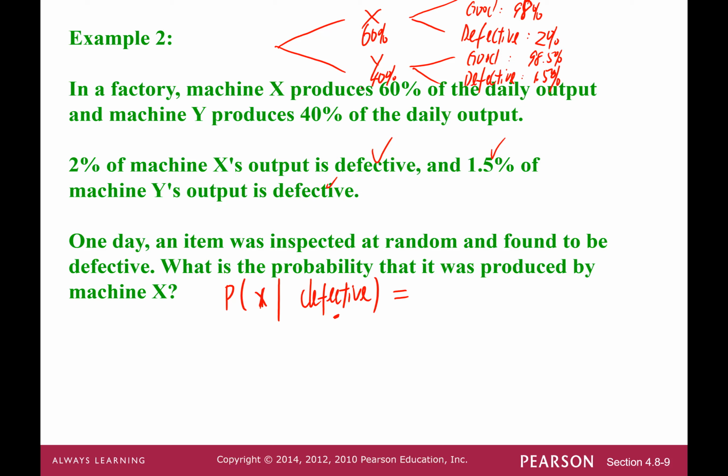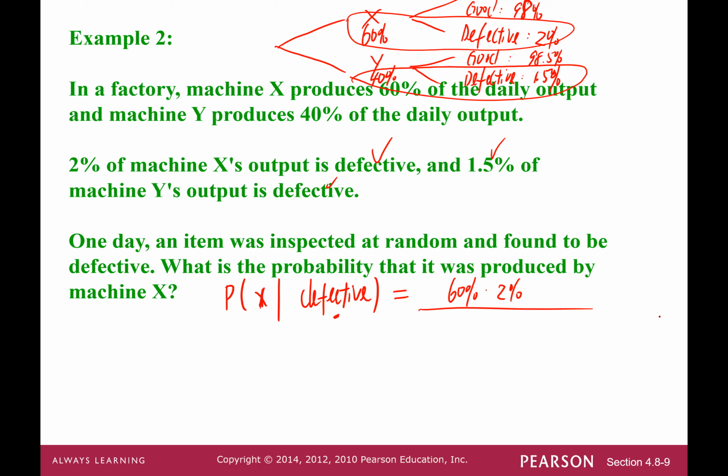Okay, and based on this, we're looking at the defective items, right? So two sources produce defective items, machine X and machine Y. You want to find out the percentage produced by machine X. So 60% times 2% gives the defective items produced by machine X, with a 1.2% chance.